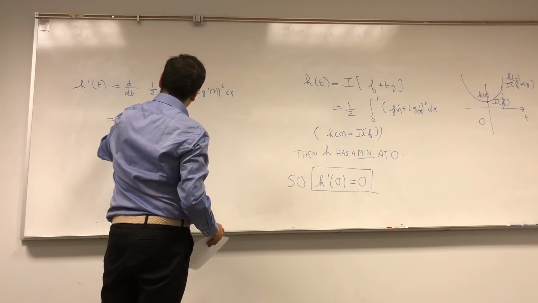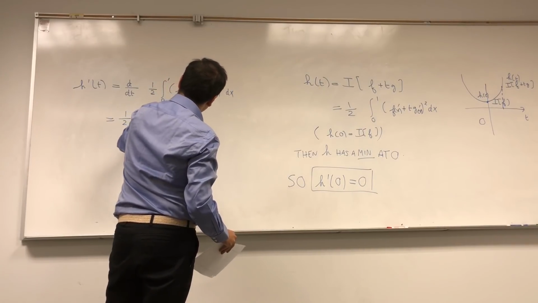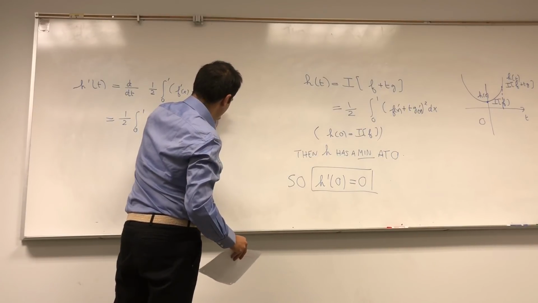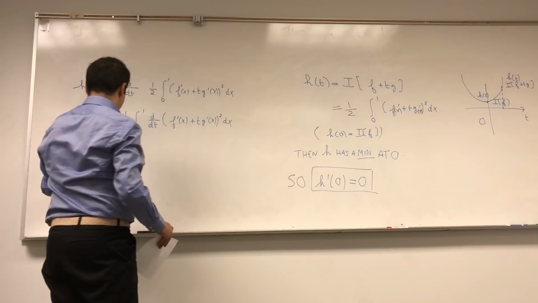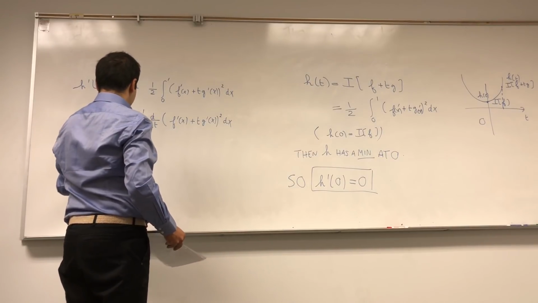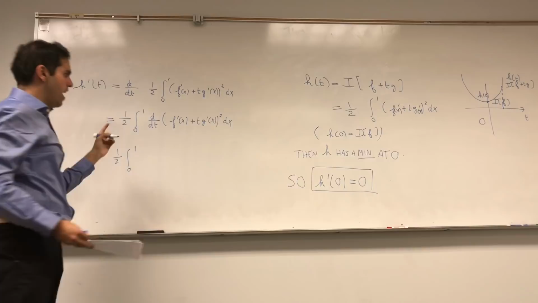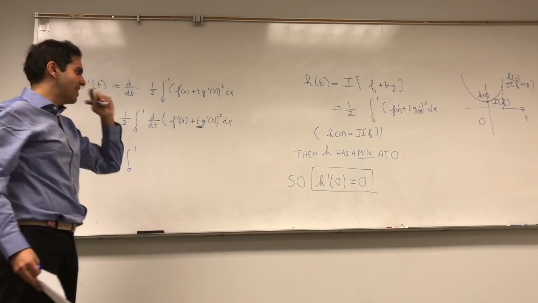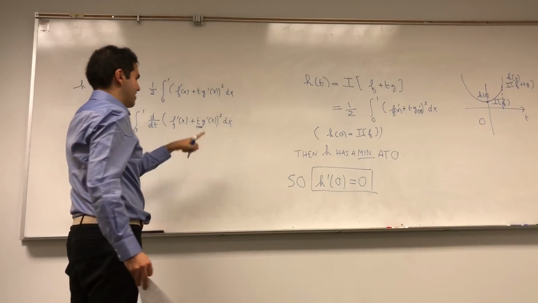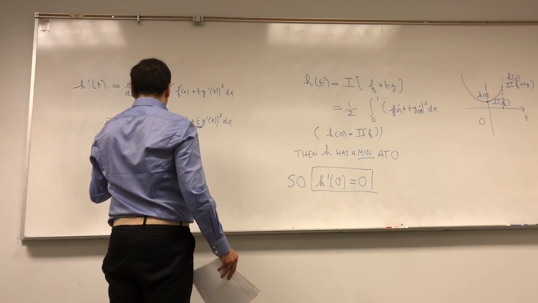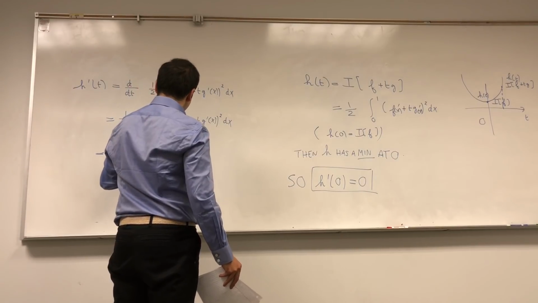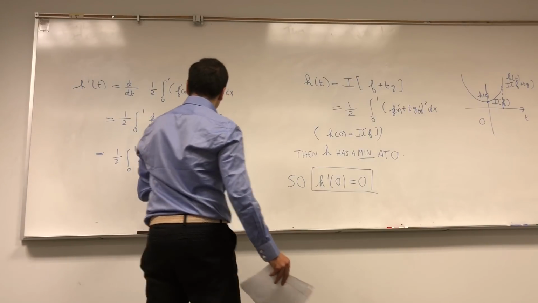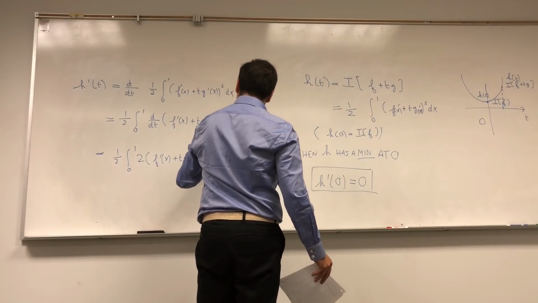And remember, we want to differentiate with respect to t and not with respect to x, so there's no double prime here. So it's really 2 times (f prime of x plus t g prime of x), and then times g prime of x dx.